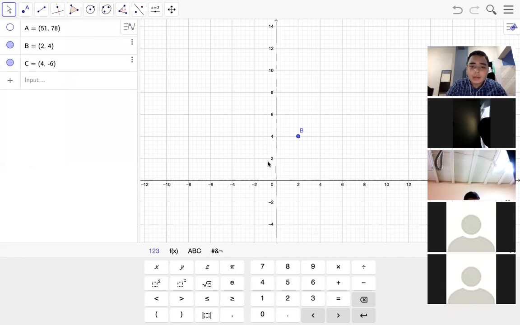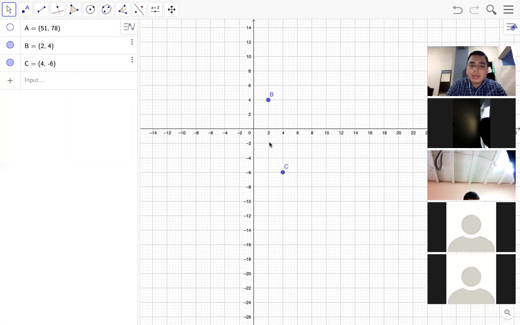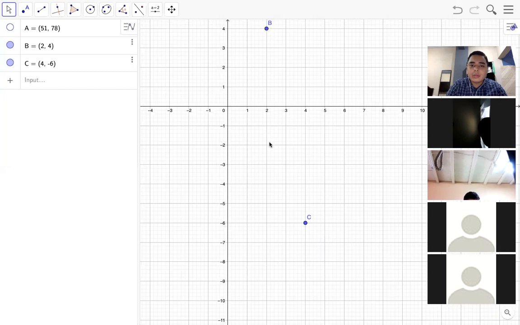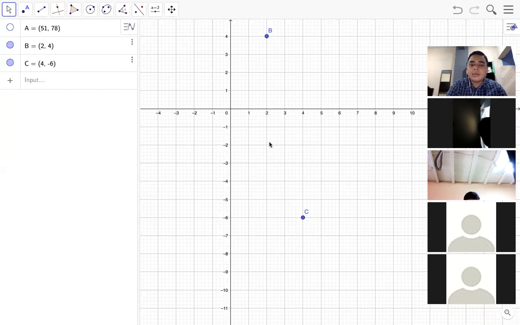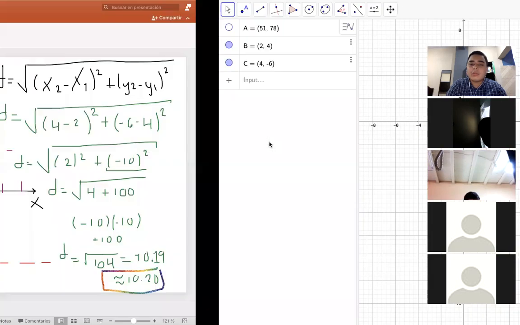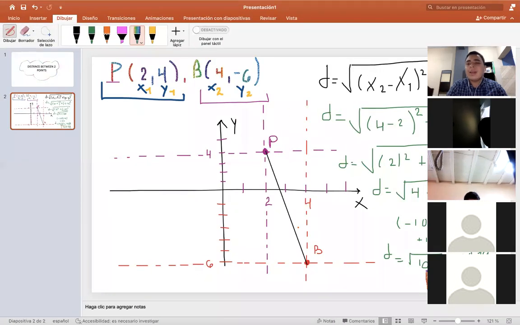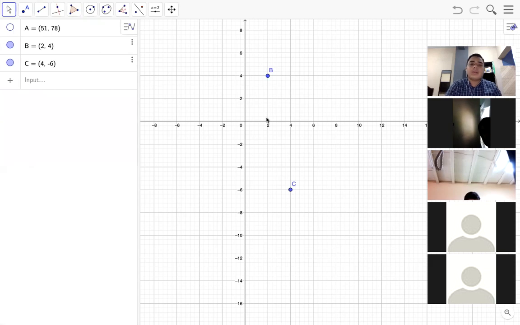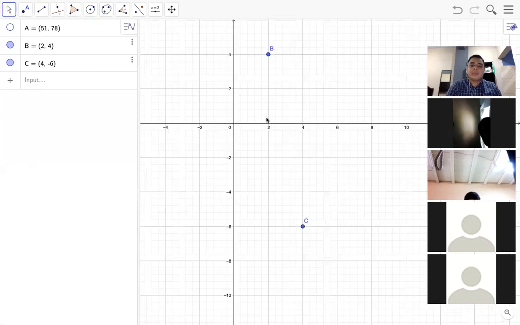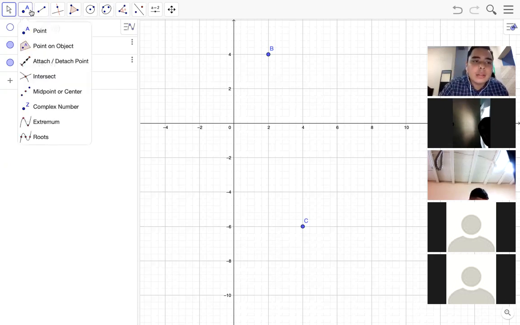As you can see, we can see the points here, and we can see our graph that looks not exactly the same, but it looks familiar. Yes or no, guys? Yeah, right?